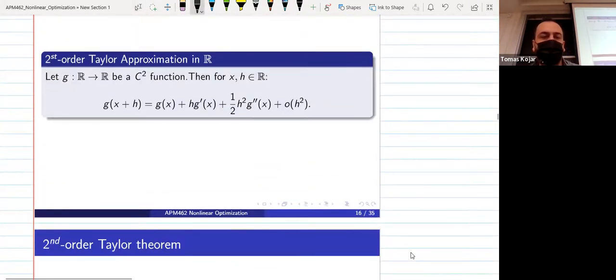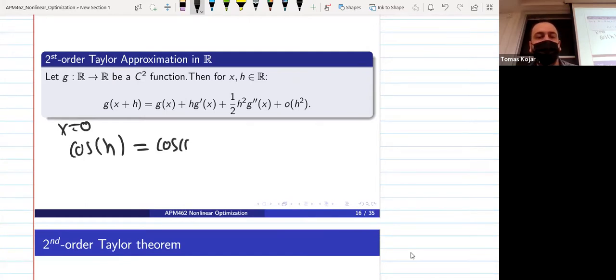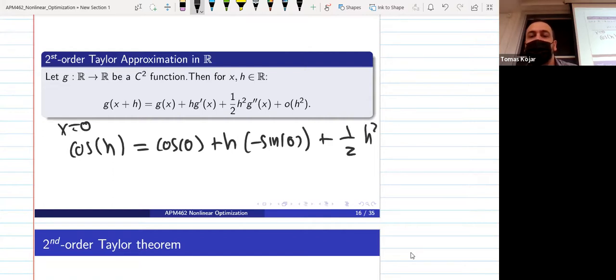So let's do the same one. Cosine of x at x equals 0: cosine at 0, which is 1, plus h times minus sine at 0, plus a half h squared. What's the second derivative? What's the derivative of sine? Cosine. So you just have minus cosine, right?